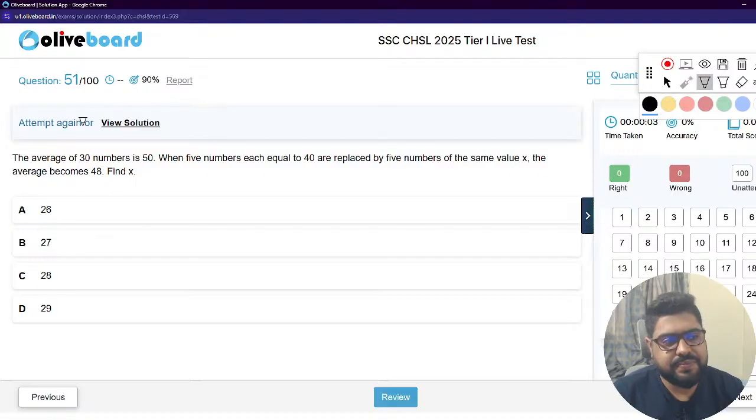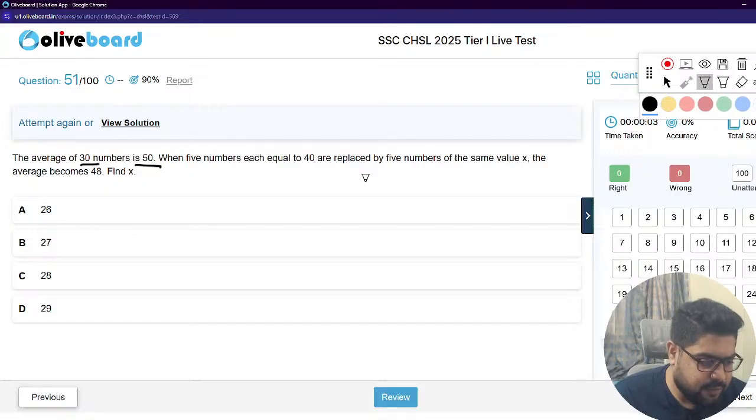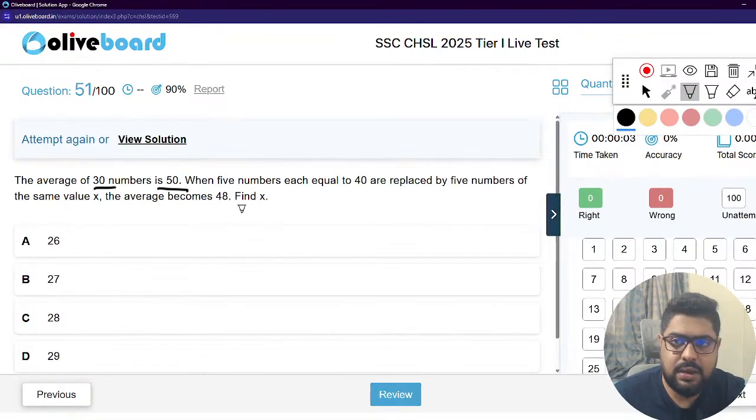Perfect. First question, average of 30 numbers is 50. Font size, increase a bit. Now it is okay. Let me know, please. In my phone I can see it clearly now.